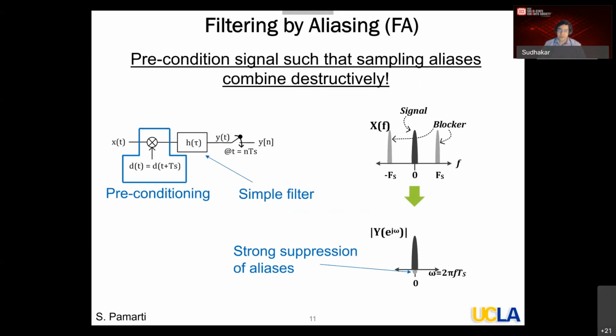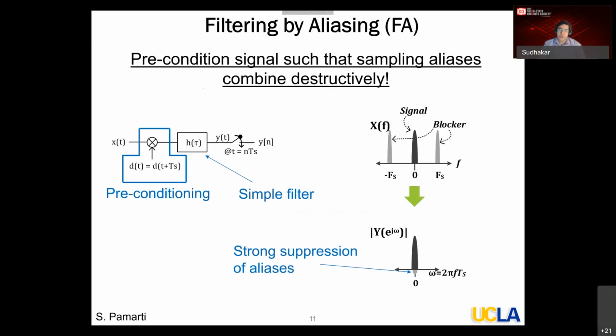So our approach is that we are going to precondition the signal such that the sampling aliases, rather than corrupting our signal, will combine destructively. That way, they are not going to bother our signal that much. That's the idea.